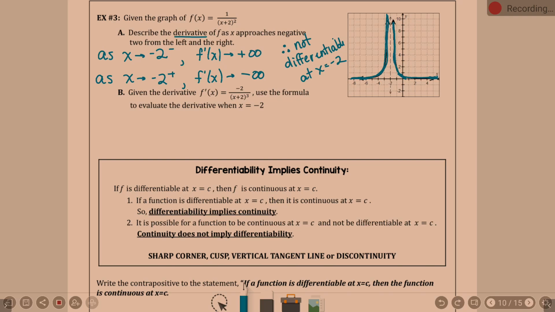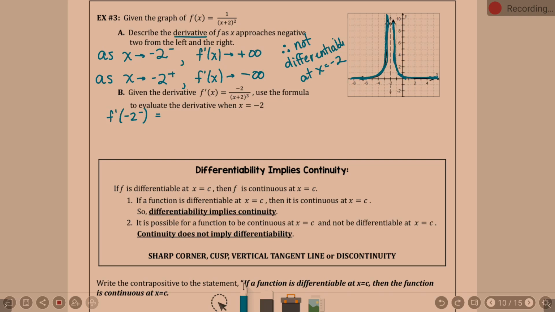We have 0 in the denominator. We can't do that. So we're going to have to look at this from the left and the right again. So we're going to evaluate our derivative.